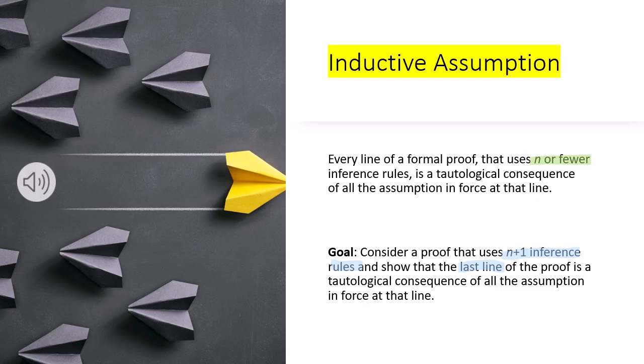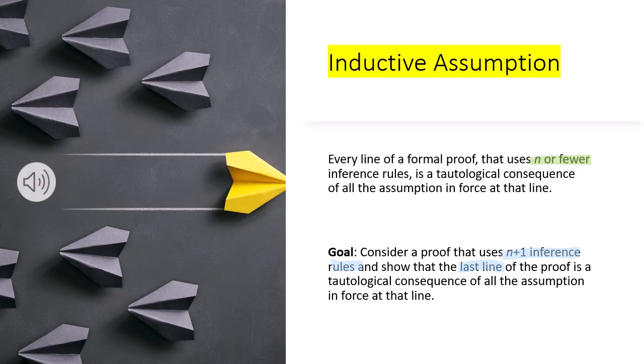Now, the goal is to show that if we apply one more inference rule, in other words, we consider a proof with n plus 1 inference rules, then the very last line, the one where we applied that n plus first inference rule, still has the property that it is a tautological consequence of all the assumptions in force at that particular line.